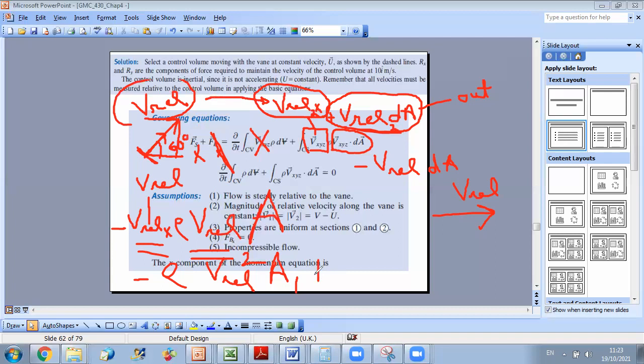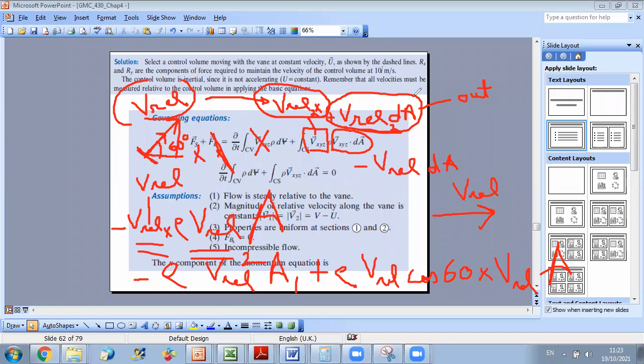I get plus rho times V relative cosine 60, and again I multiply by V relative times the total area A. Then I get V relative squared times rho times cosine 60 times A. Okay, so you should pay attention to the difference between these two.